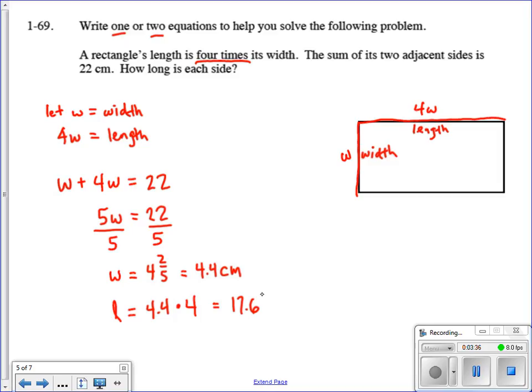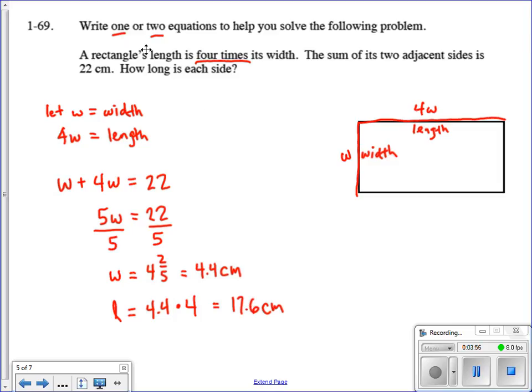Not sure, double check on the calculator or do it on paper. I'll double check mine real quick. Yeah, and this is centimeters. So that does work there.